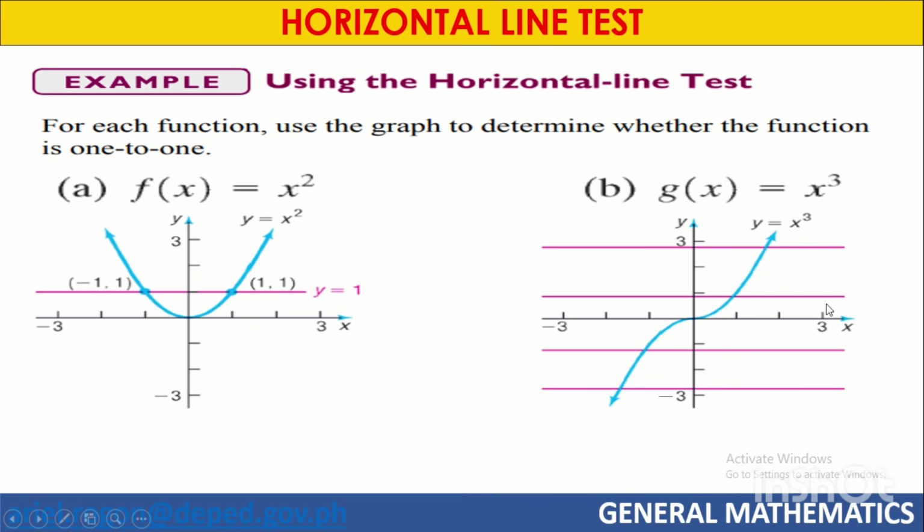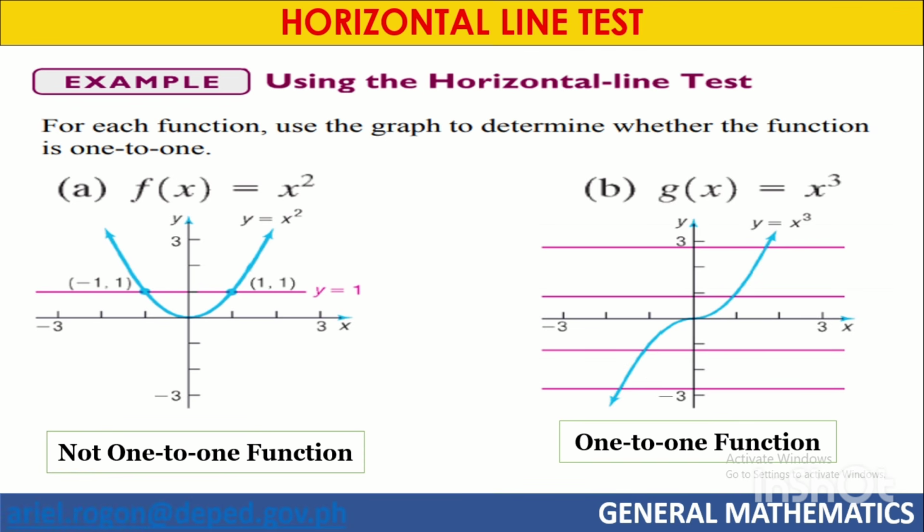Kasi kahit saan mo lagyan ng horizontal line test dyan, isa lang sa graph ang dinadaanan. So that is one-to-one. Okay? Not one-to-one tong letter A kasi dalawang point ng graph ang dinaanan ng horizontal line. Sa letter B naman, isa lang, one point of the graph ang nadaanan ng horizontal. Kaya siya one-to-one.